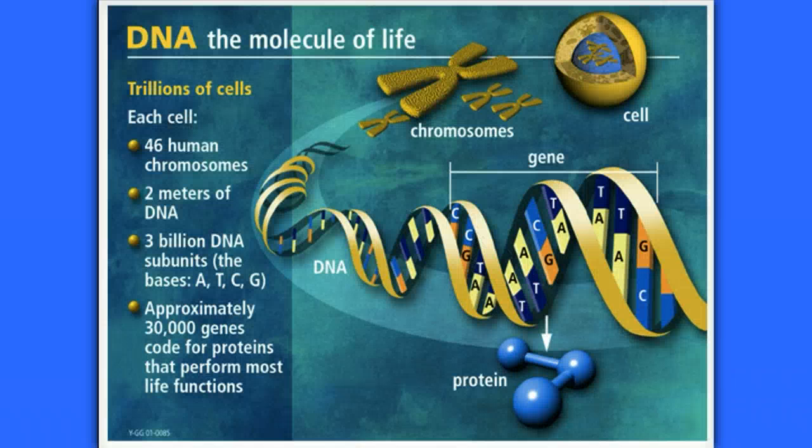The DNA molecule, of course, is usually seen to be in a coiled or supercoiled structure in chromosomes, and the chromosomes stay inside the nucleus of a cell. And we have found 3 billion DNA subunits in form of their bases, and 30,000 genes, approximately, in the 46 chromosomes of the human body.